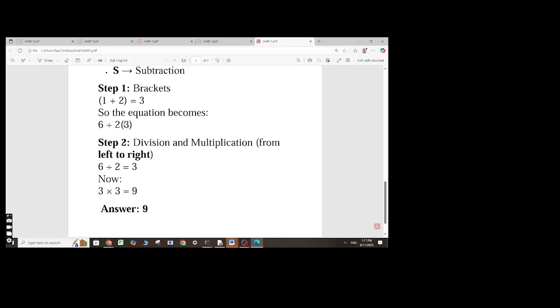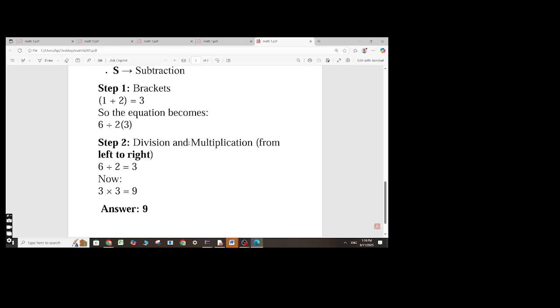According to the BODMAS rule, we have 6 divided by 2 times 3. We have division and we have multiplication operation here. So according to the BODMAS rule, we perform the division and the multiplication from left to right.